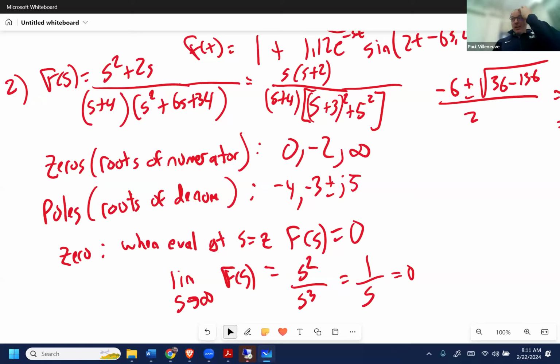And if you remember when we talked about poles and zeros, we always said that the number of poles is always going to be equal to the number of zeros when you include any infinite poles or zeros. Well, because we got really good at using limit functions, right?